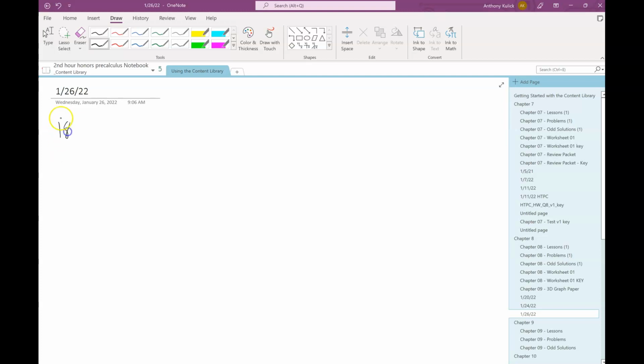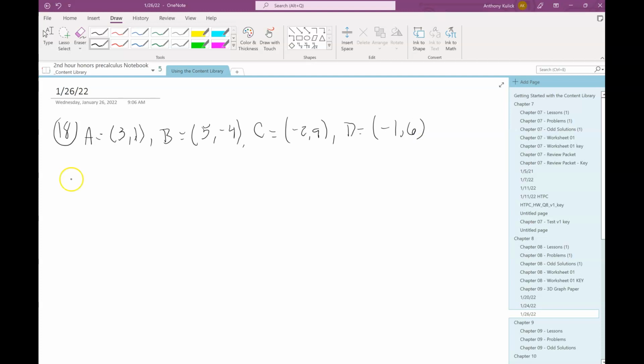Okay. So 18, we're given some points. In number 18, we wanted to find -5 times the vector CB plus the square root of 2 times the vector BD.